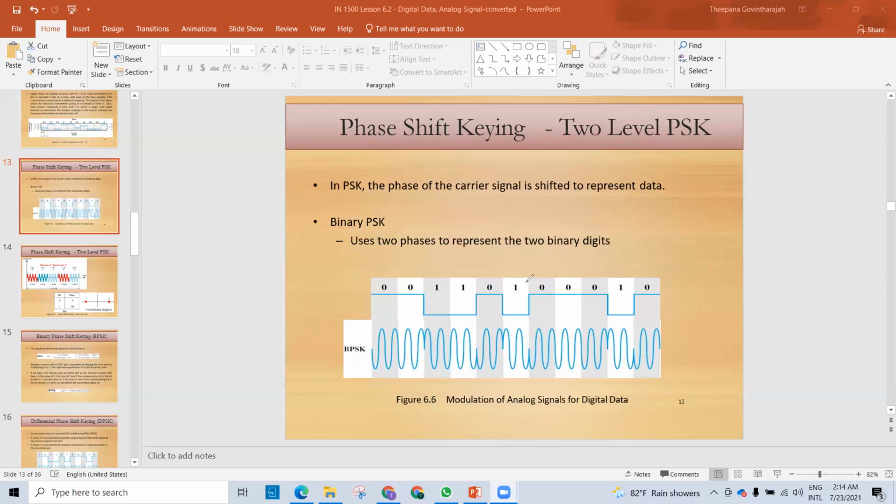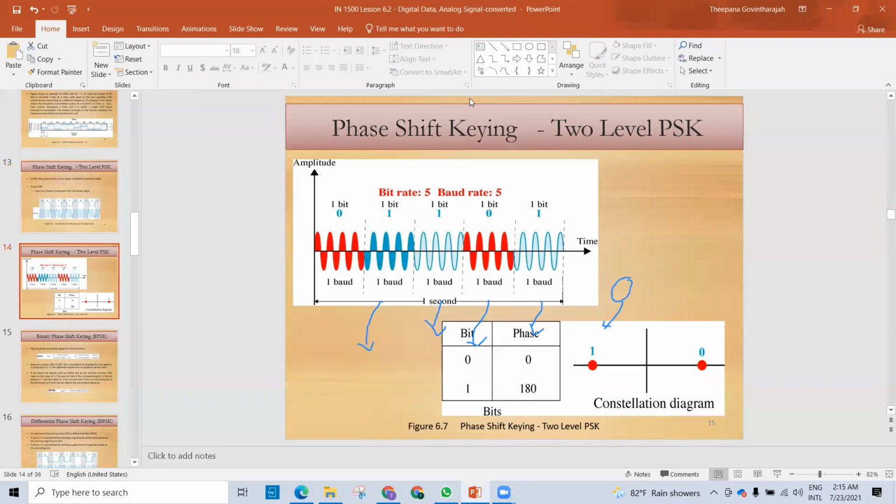If you see this picture, zeros are represented by this phase and ones are represented by the normal phase. And a similar format is maintained for every zero, and another format is maintained for every one. In this picture, you can clearly see that for the zeros, phase is 0, and for the 1, phase is 180.